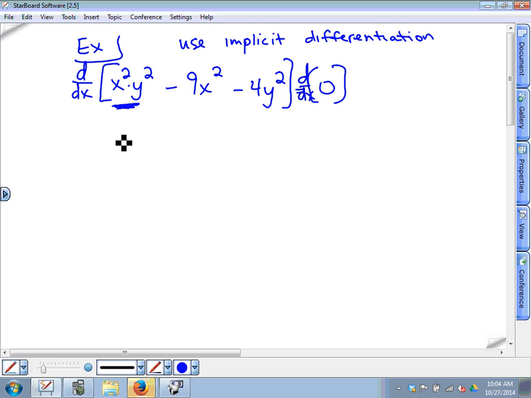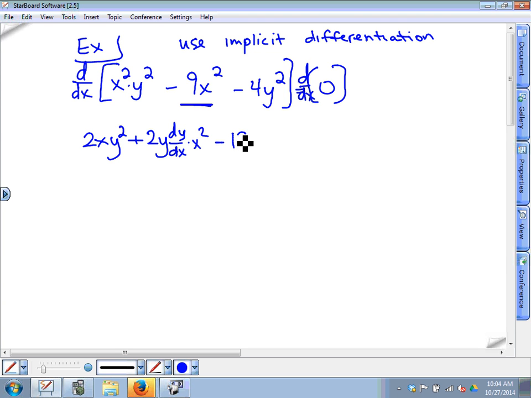So 2x times y squared plus 2y dy dx times x squared. Now let's move on to this middle term.